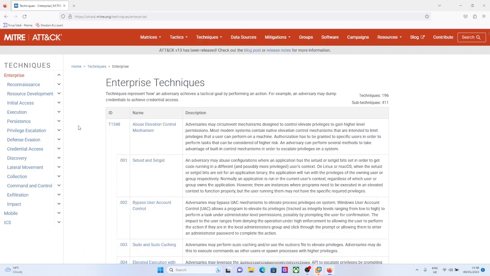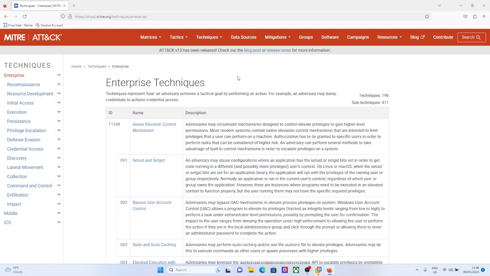So what that means is that enterprise MITRE ATT&CK is most of the time referring to enterprise environments, IT environments, like let's say servers and desktops, all kinds of things.